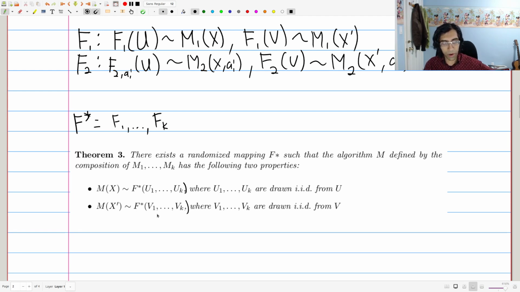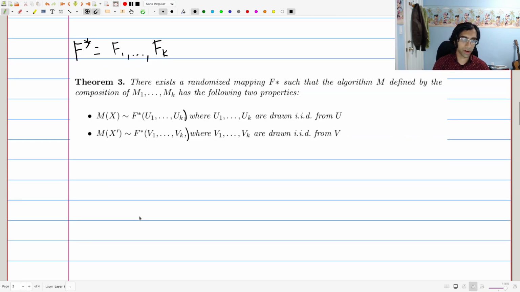By the post-processing guarantees of differential privacy, all we have to do is understand whether this sequence of random variables has a low privacy loss compared to this other sequence, and that will give us corresponding privacy guarantees for M on x versus x prime.